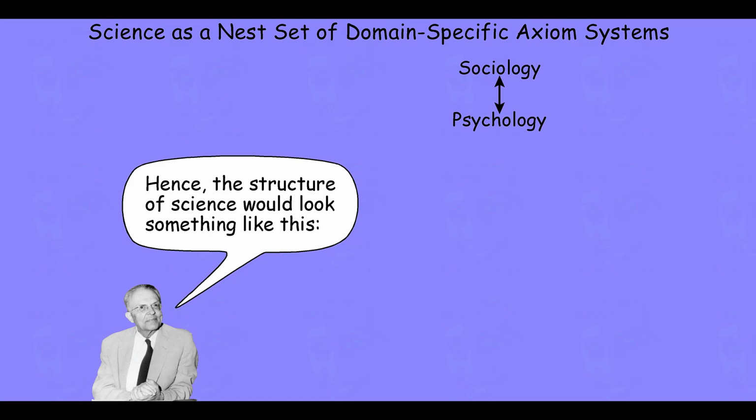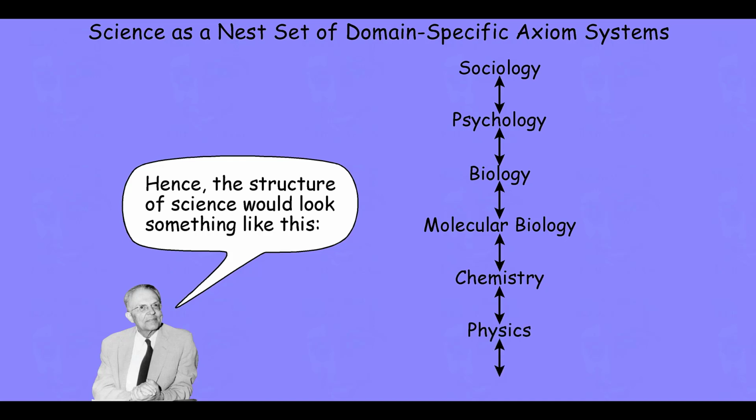Sociology will presumably fall under psychology, psychology under biology, biology under molecular biology, molecular biology under chemistry, chemistry under physics, and everything is grounded in the observation language. Now, in the next lecture, we'll take a look at how Hempel translates this general framework into a logical behaviorism.